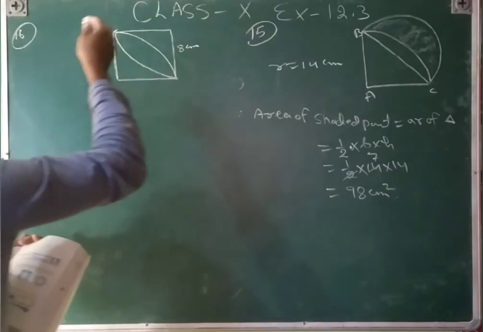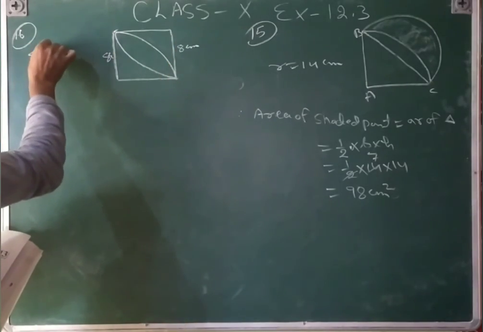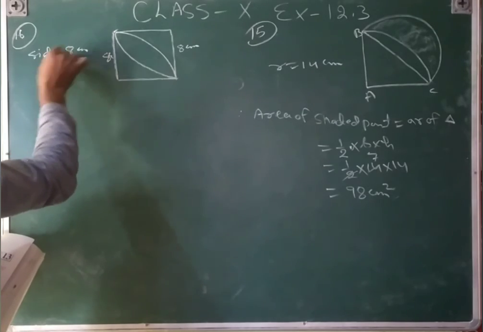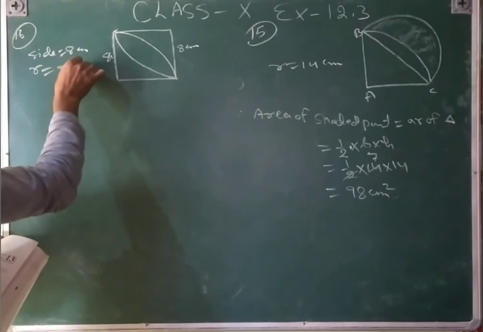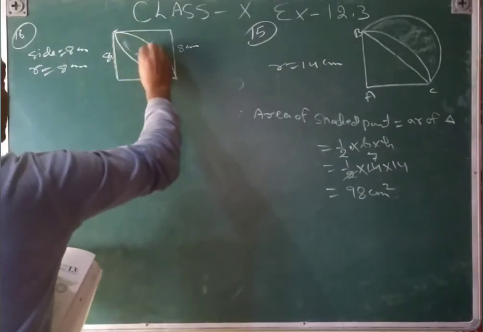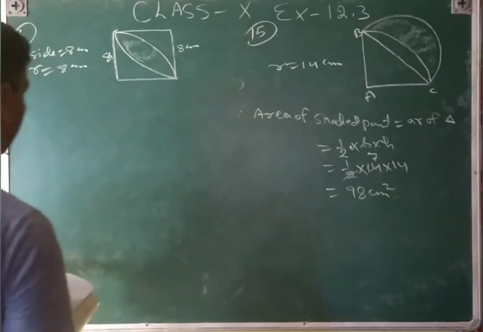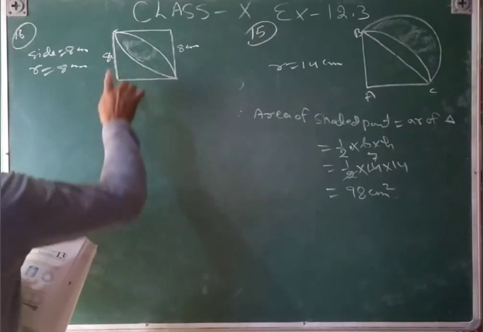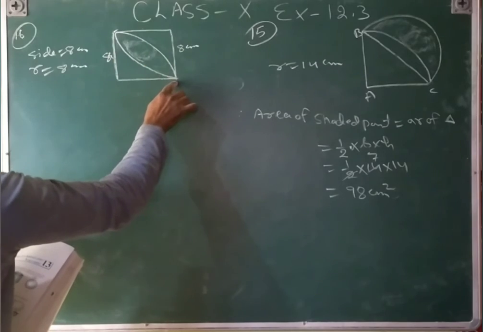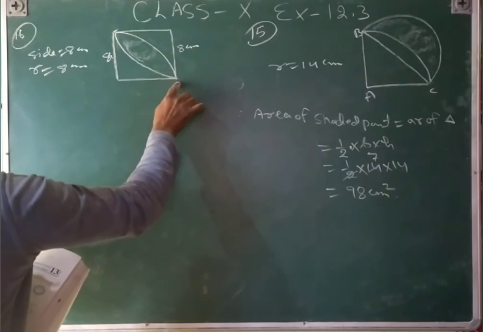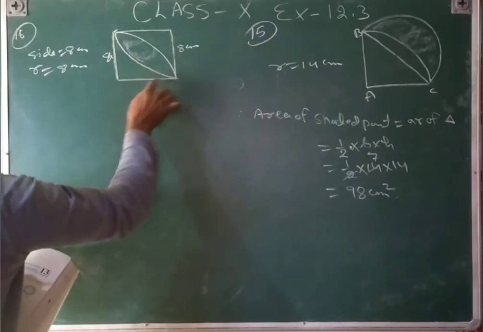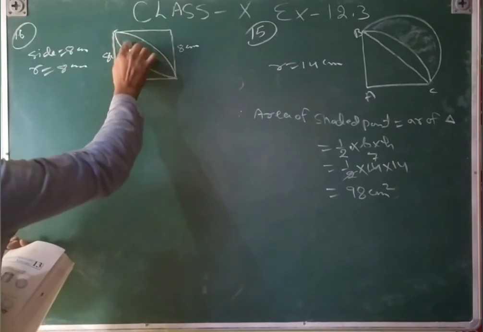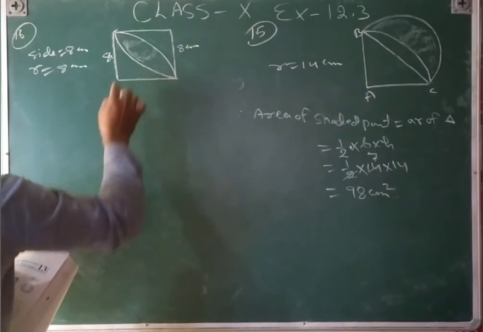So the radius will also be 8 centimeter. Side is equal to 8 centimeter, so R will also be 8 centimeter. This is the design area. We need to find the area of this. First of all, we will find the area of this sector and this sector, and then minus the area of the square. Why? Because this segment is coming 2 times.